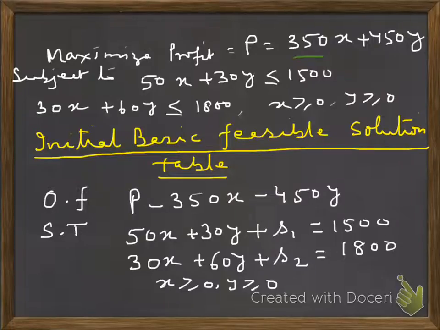The problem comes when the constraint is greater than equal to type or equal to type. We will handle those situations in another example later on.